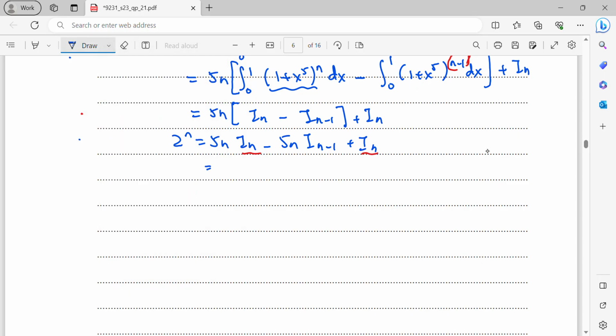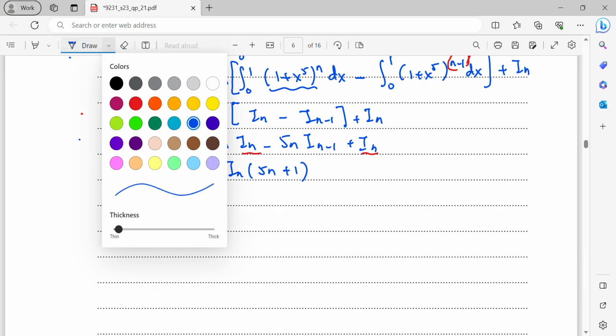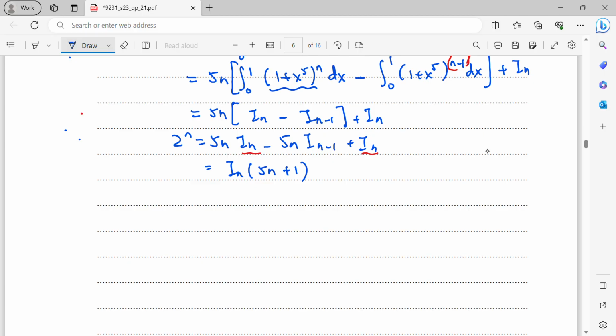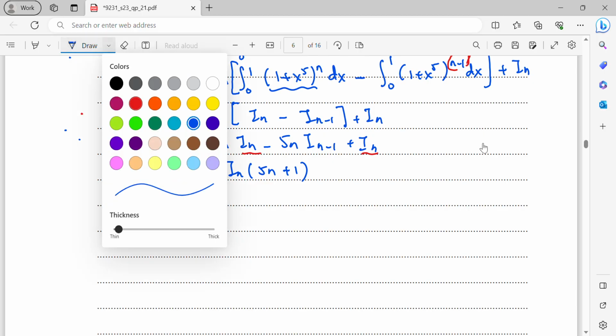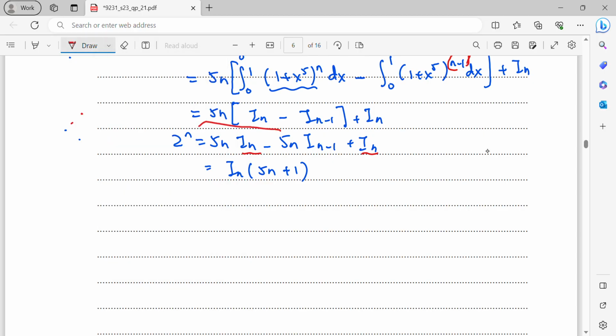That means I will get I_n bracket 5n plus 1. Then remember the one with the I_n on one side, then the rest of the terms on the other side. So it means that the second term will be moved to the other side. So I will get 2 to the power n plus 5n I_{n-1}.